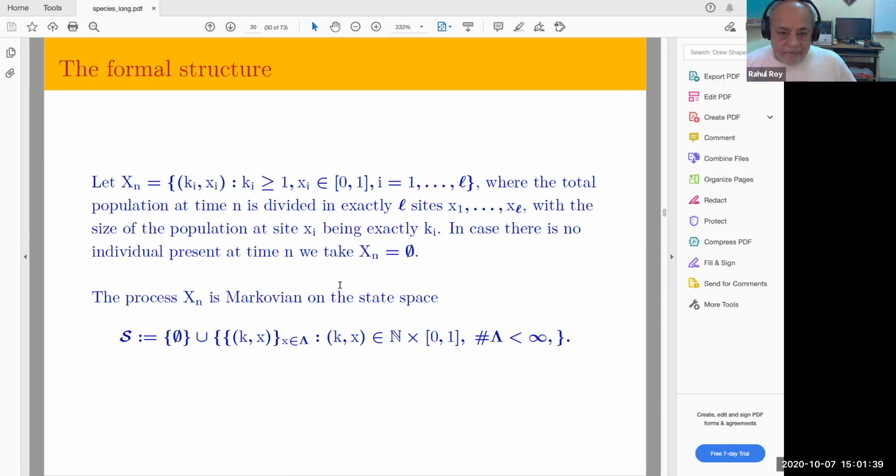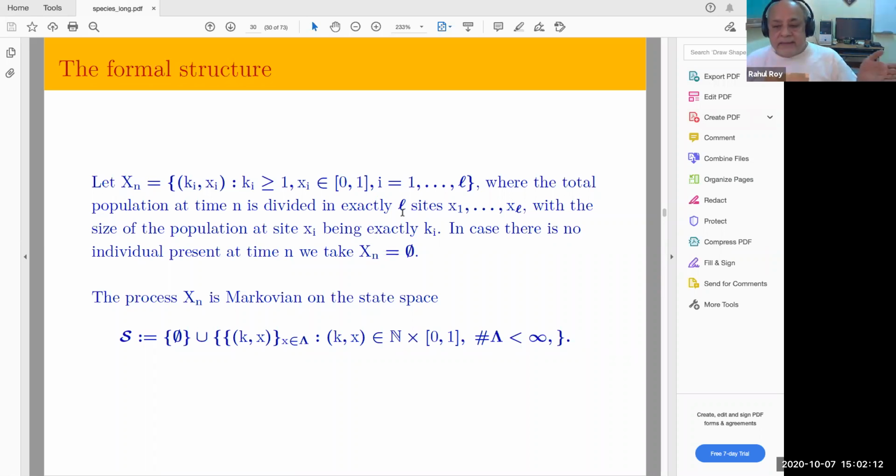Let X_n be the set of all k_i x_i, where the k_i's are integers bigger than or equal to 1. Small x_i, as you'll see soon, is exactly the fitness site. And i goes from 1 to L, where the total population at time n is divided into exactly L sites, x_1, x_2, ..., x_L, with the population at site x_i being exactly k_i.